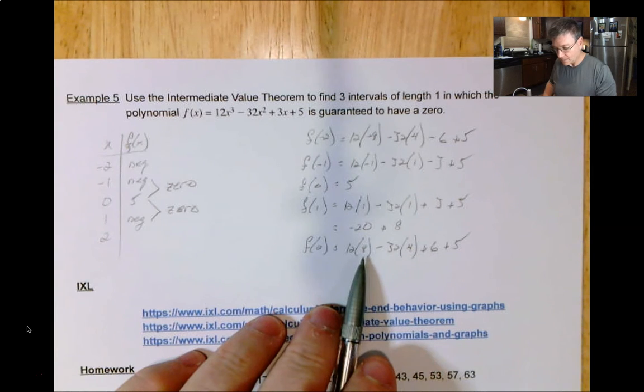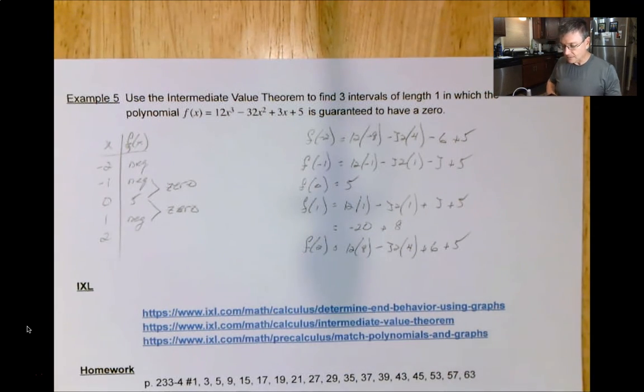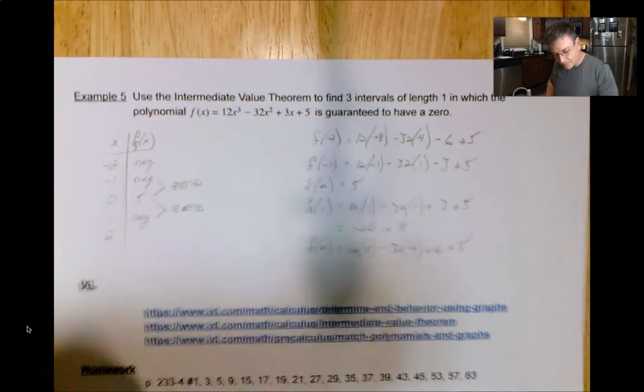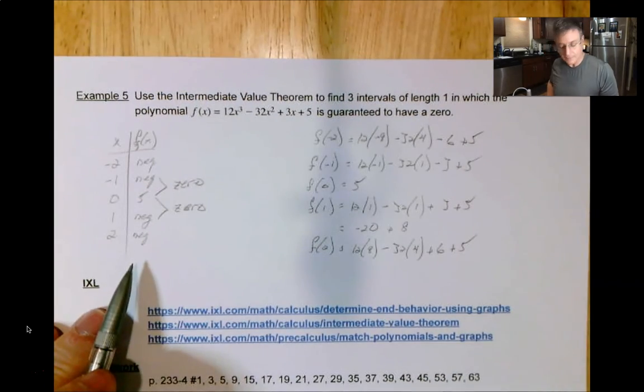Let's see here. Pull out my calculator. 12 times 8 is 96. Minus 32 times 4. Negative 32 plus 6 plus 5 is a negative number. Didn't find another 0.